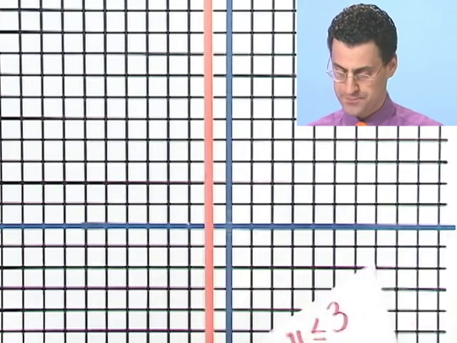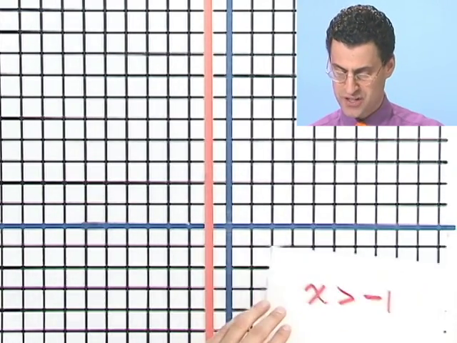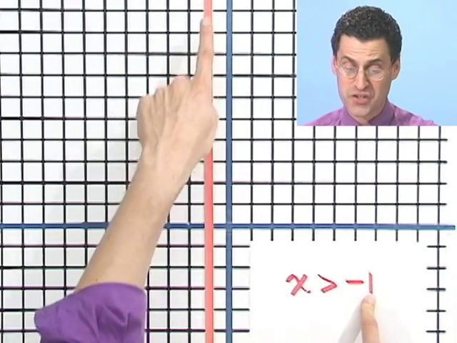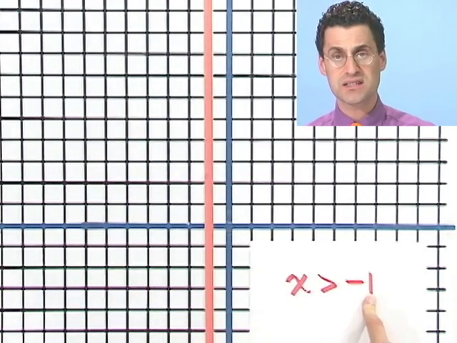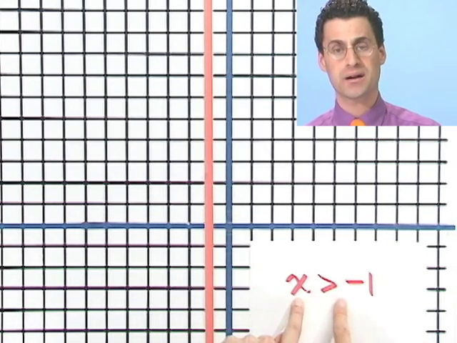But notice something. This is strict inequality. Remember, the previous question was y less than or equal to 3. This one is just x greater than minus 1. So in fact here, I don't actually want to include that line, because that's the line where x equals minus 1, and I'm not allowed to have that. I'm only allowed to have something bigger than minus 1.